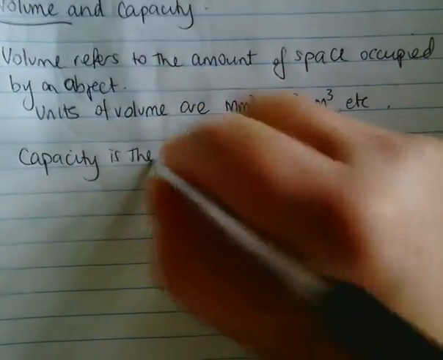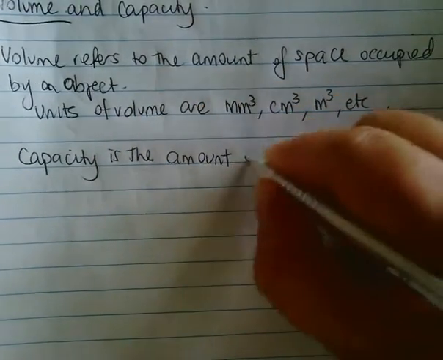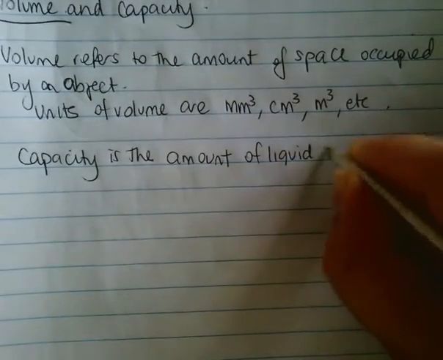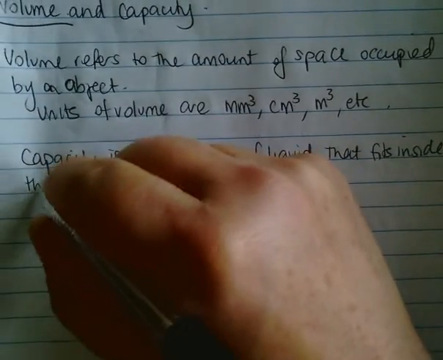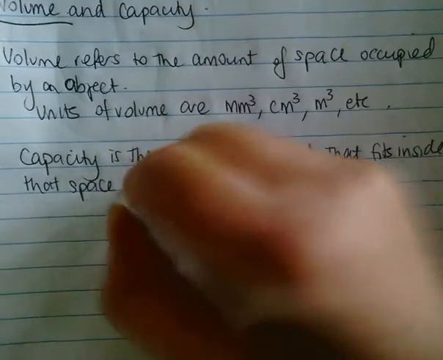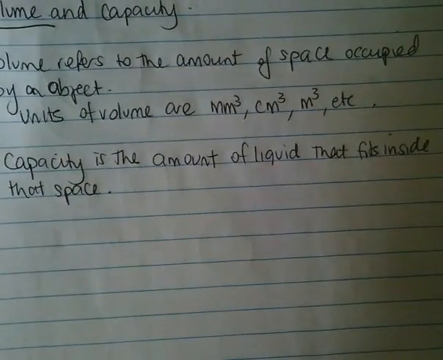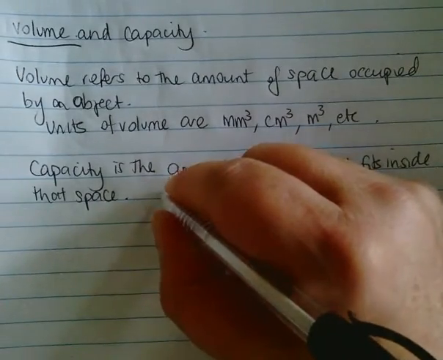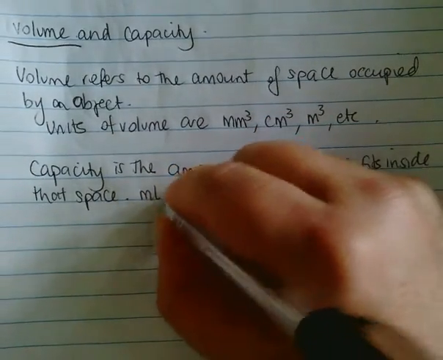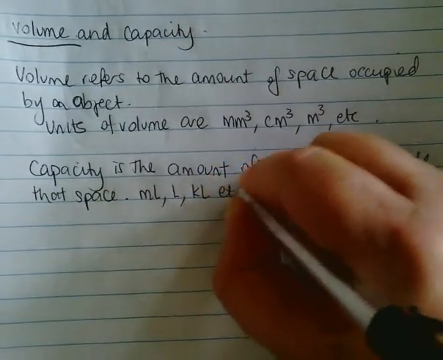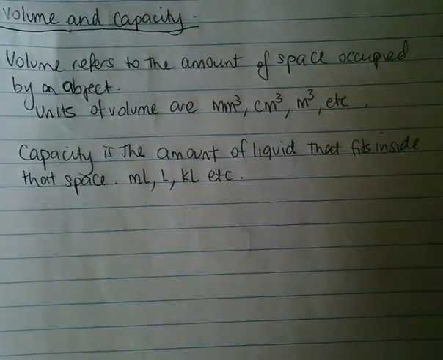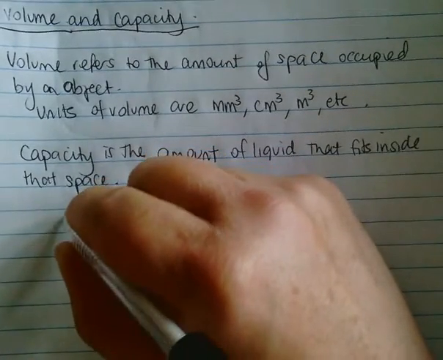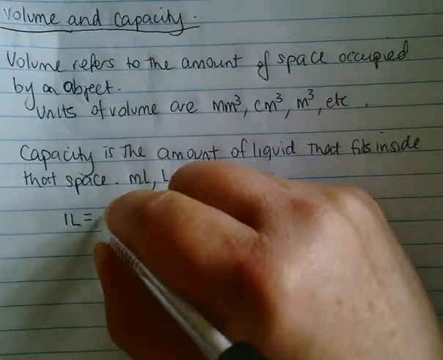Capacity is the amount of liquid that fits inside that space. Now the units of capacity, your answer might be in mils, litres, kilolitres, etc. So we know some conversions, for example, that 1 litre is 1,000 mils.